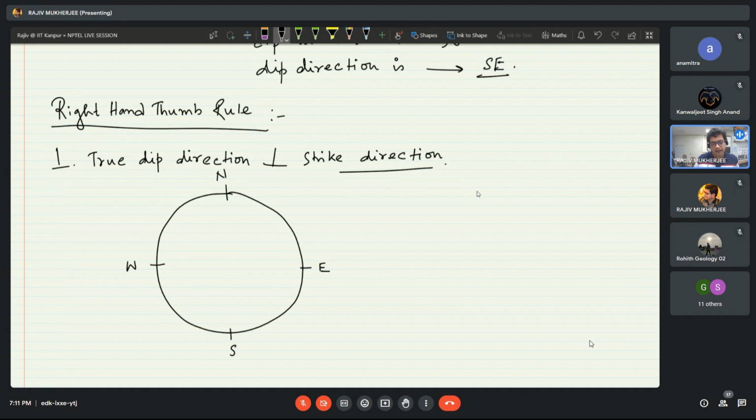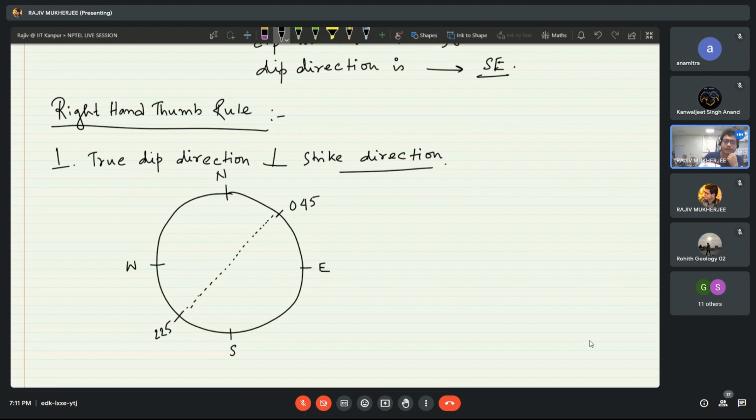Now I have a plane which has a strike 045, 225. So if I join this strike line, in which direction should I take 90°?